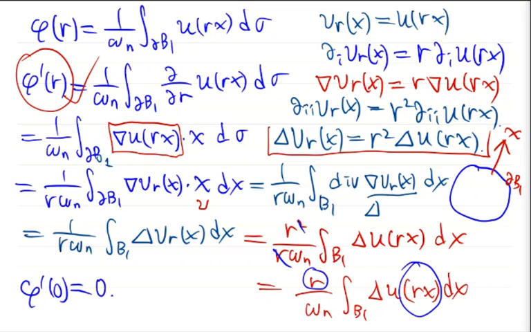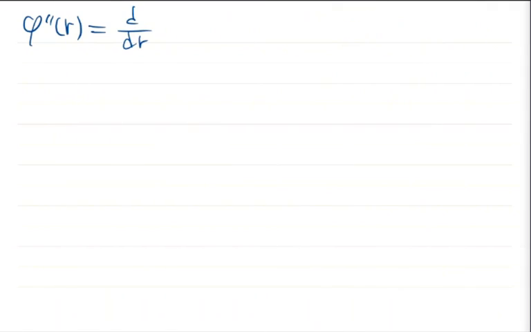We don't use this formula. Instead, we use the intermediate result. We go back to this point and use this result. So go back to our computation. Phi double prime r is the derivative of phi prime r.